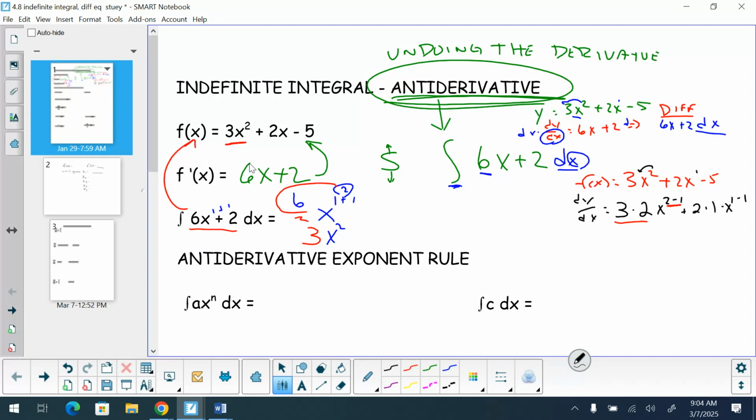We have 2 times x to the 0th power. But there's no x there, it's x to the 0th power. So we want to follow the same method of madness. We're going to take our 0 and add 1 to it.